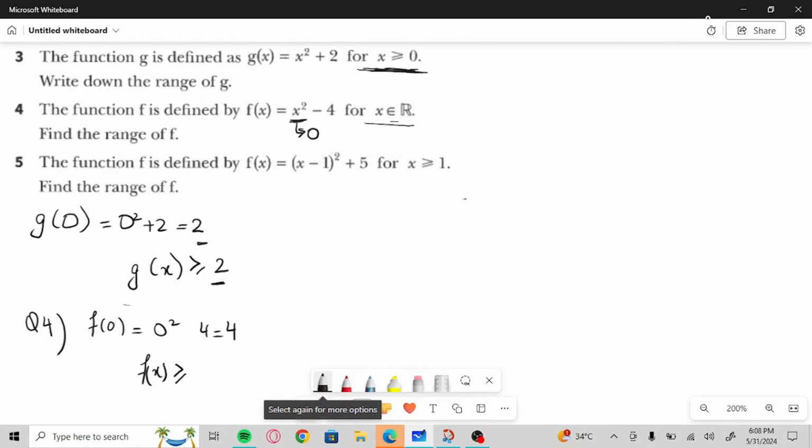This is negative 4, and again this will be negative. So f(x) is greater than or equal to negative 4. Now the thing is, why didn't I choose another value? Because x is real, x can be any real number, so it can be from 1, 2, 3, on and on to infinity.